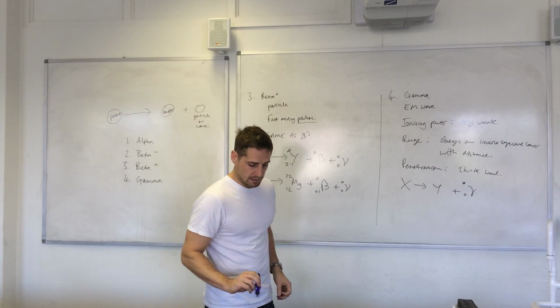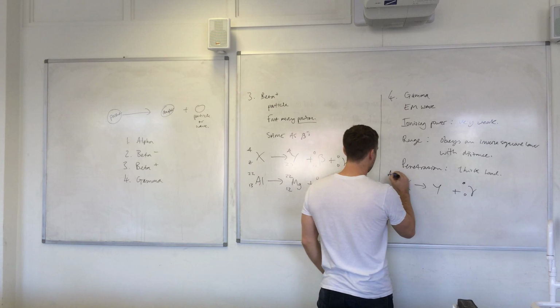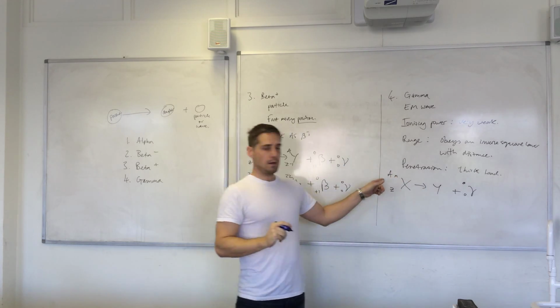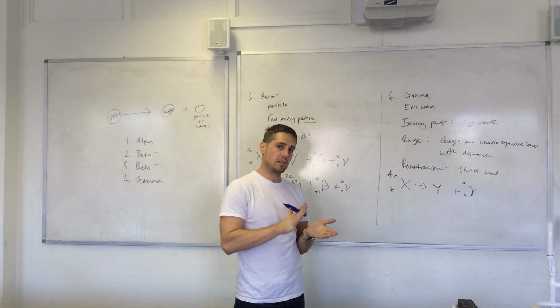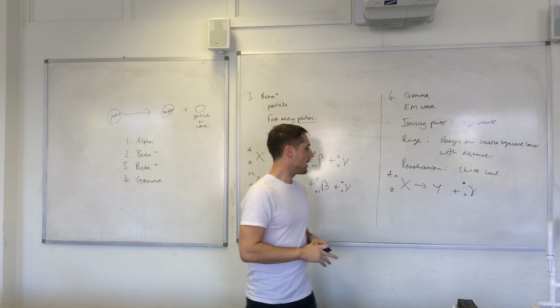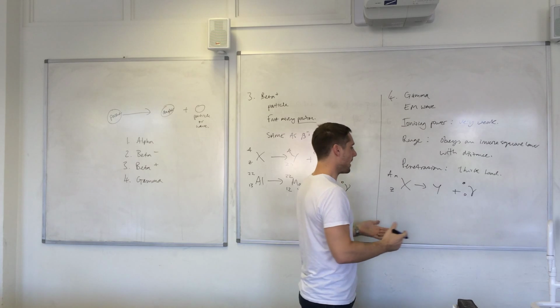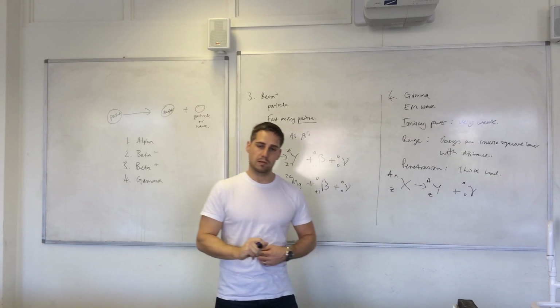To indicate that, what we do is use an M. That M after the A indicates that it has too much energy. So essentially that M becomes the gamma photon, and then all you have to do is write in the A and the Z numbers there.